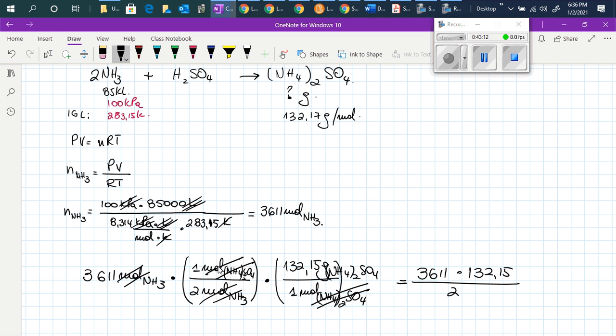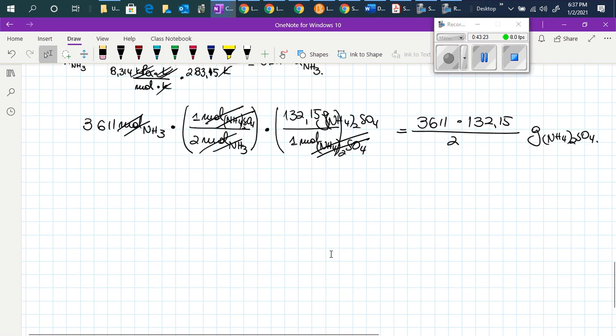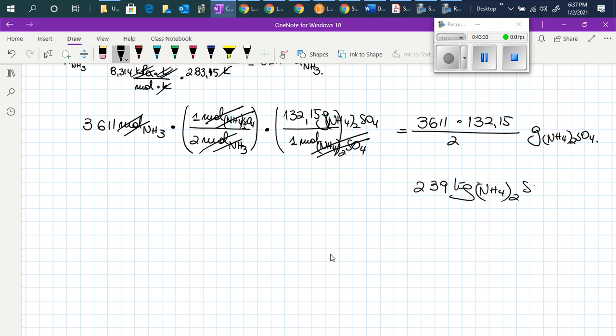The units are grams of (NH4)2SO4, and the answer should be 239 kilograms of (NH4)2SO4.